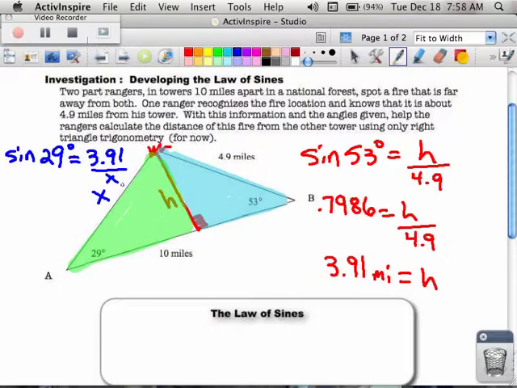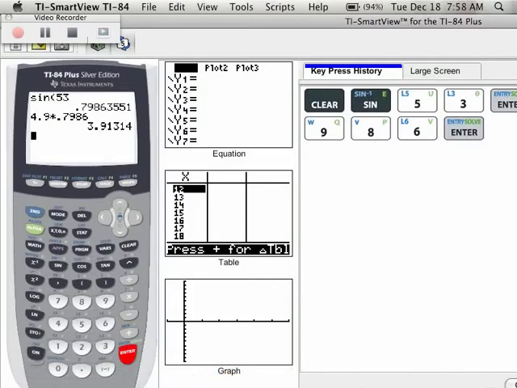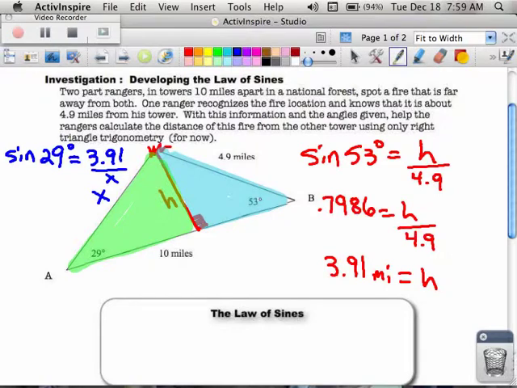If I find the sine of 29 degrees, I find out to 4 decimal places it's 0.4848. And that's 3.91 over x. This time my variable is on the bottom.